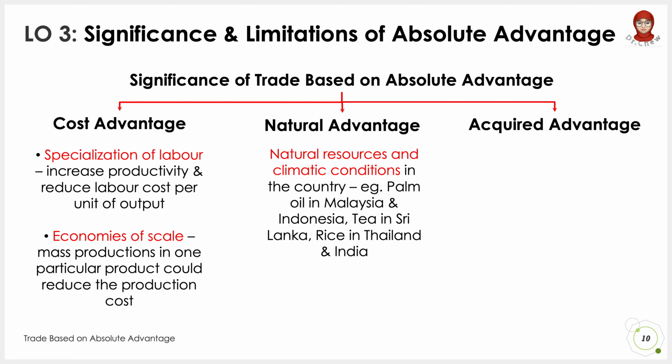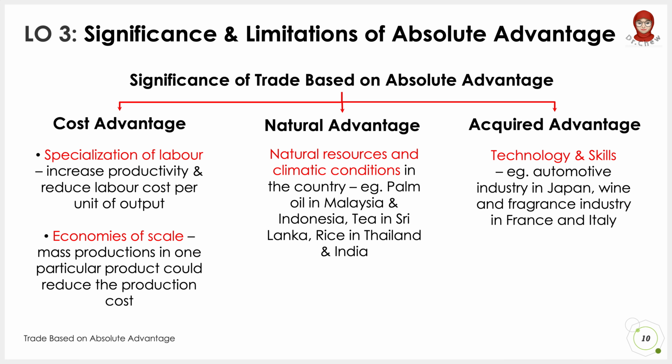The next advantage, acquired advantage. This is different from natural advantage, which is naturally born in the country or inherited in the country due to the climatic condition and geography. Acquired advantage is acquired by a country due to research and development.